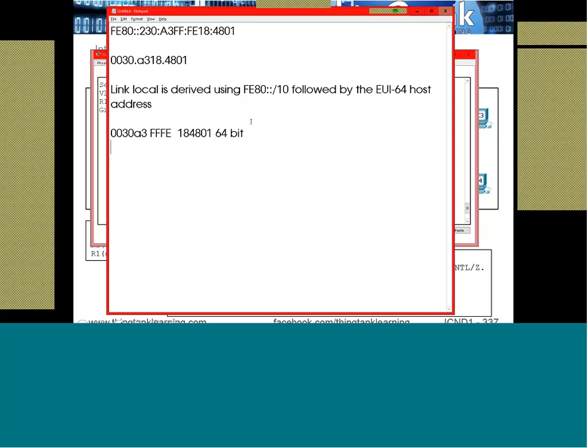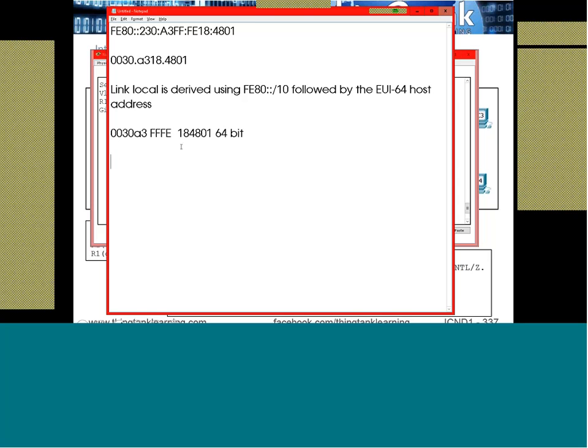And actually, we can start to see, here's 4801, here's 4801. Here's 81EF, here's 81EF. Here's FF3A, here's FF3A. I read it backwards for a reason, because there is one more step to this EUI-64 process. We have to invert the 7th bit.